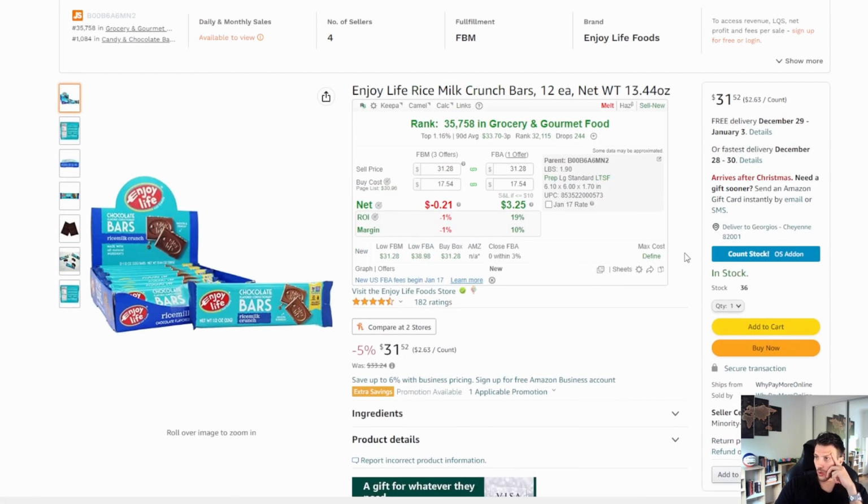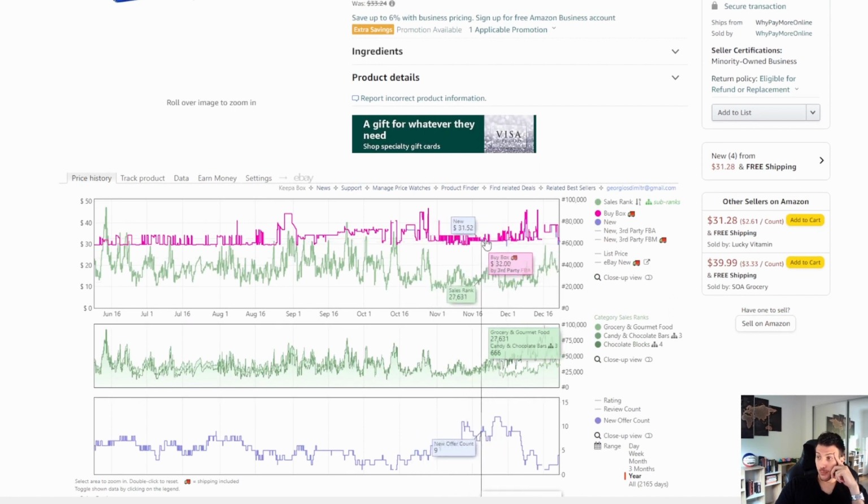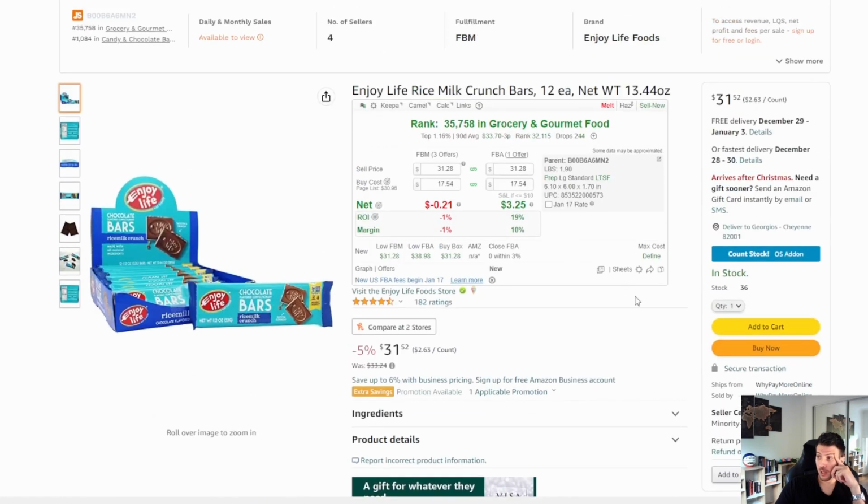Now, one thing that I didn't notice earlier is that the current buy box is an FBM seller. So we could potentially, as an FBA seller, price it higher than them and probably win the buy box. Now, $31.28 is the current price. I think that you could probably even beat it at around $34.99.